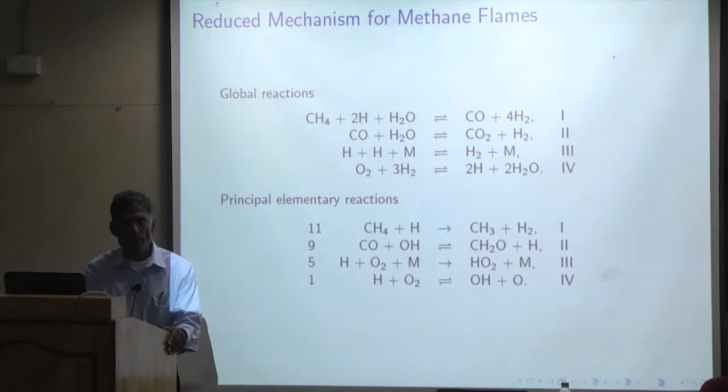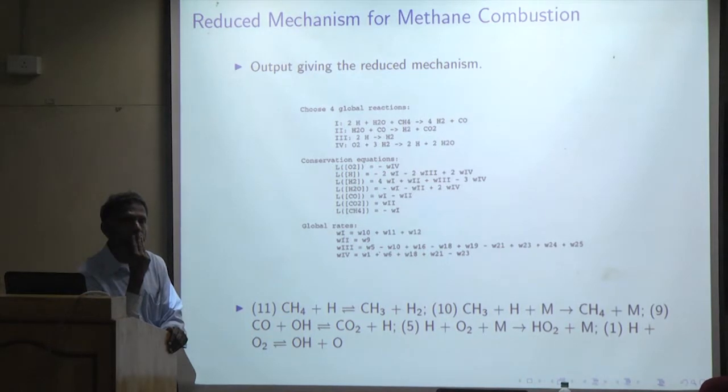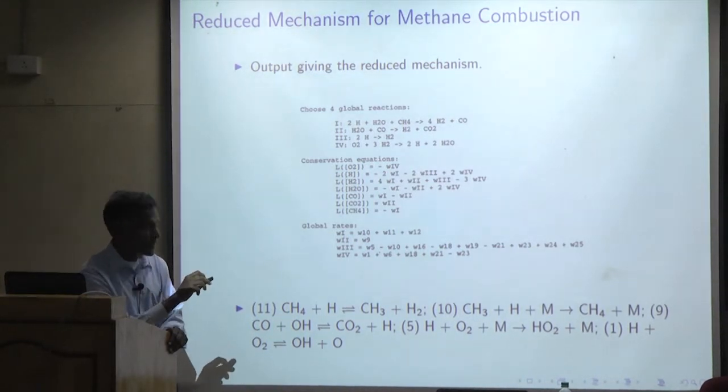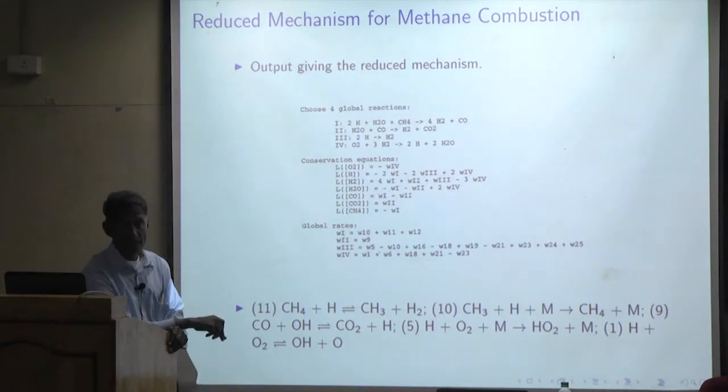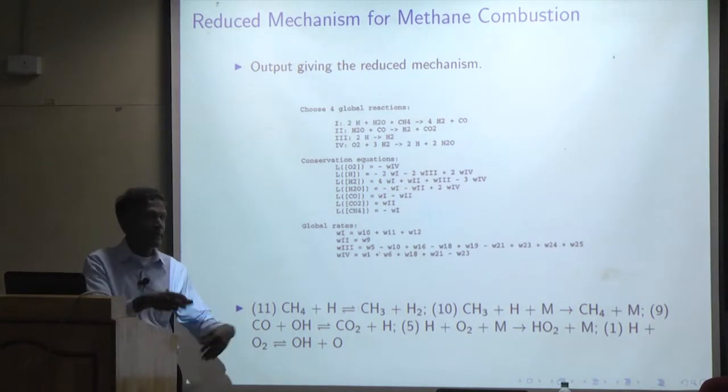When you were summing a few elementary reactions to form a global reaction, the frequency factor, activation energy, and all those curves, where are we deriving them from? Those are tables. You have a table of activation energy. These are elementary rates, so that's available.